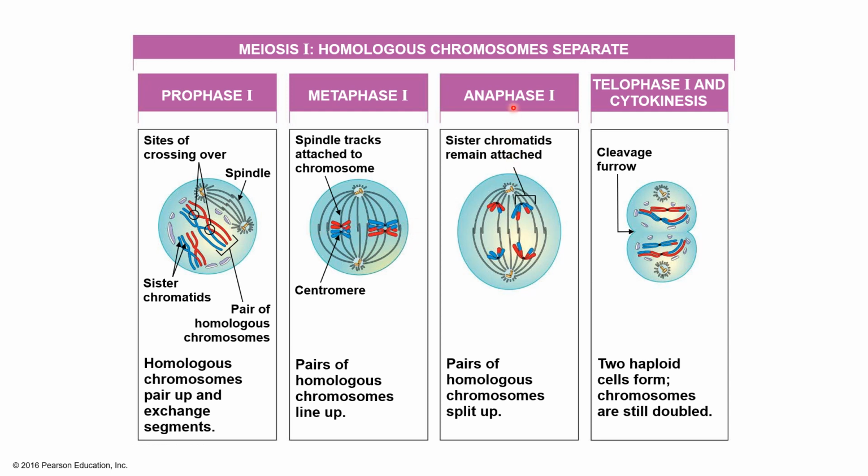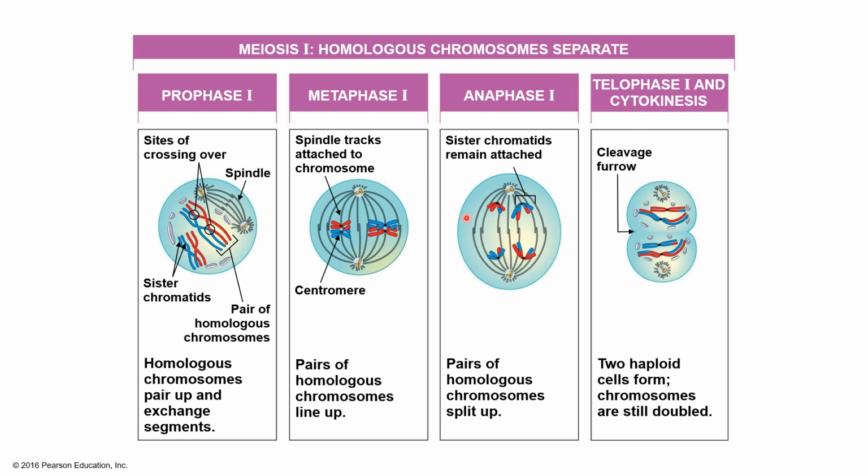During anaphase, the spindle fibers grab onto the homologous chromosomes and start to pull them apart. So you end up with homologous chromosomes on one end of the cell, and you have another set of homologous chromosomes at the other pole of the cell.